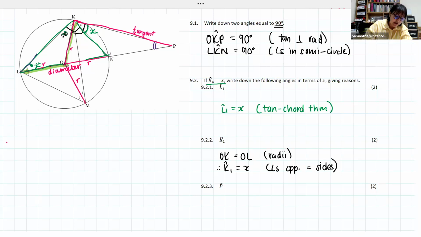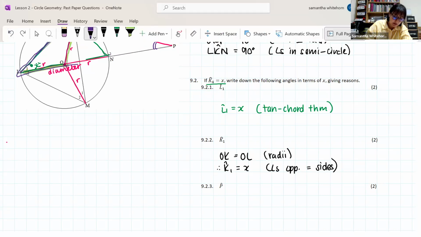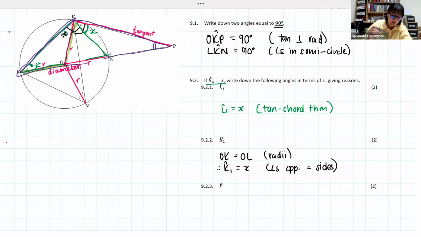And if we go and have a look at this big triangle, the big triangle LKP, as you've just said, we know that we've got an angle 90 up here. And if you look at the whole angle K, it would be the 90 of K1, 2, and 3 plus the X of K4. So this is 90 plus X. We know that angle L1 is X because we proved it.